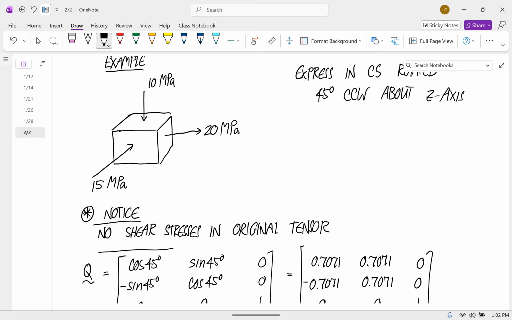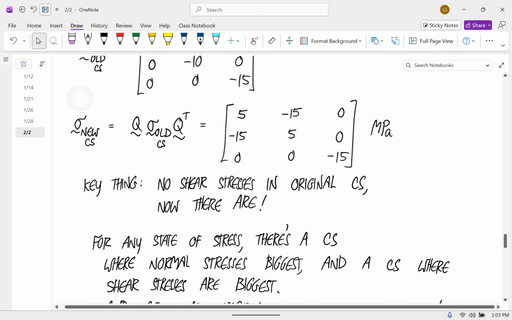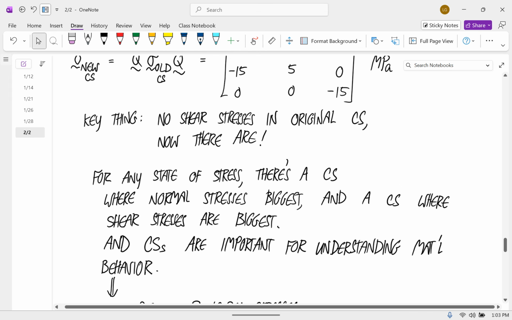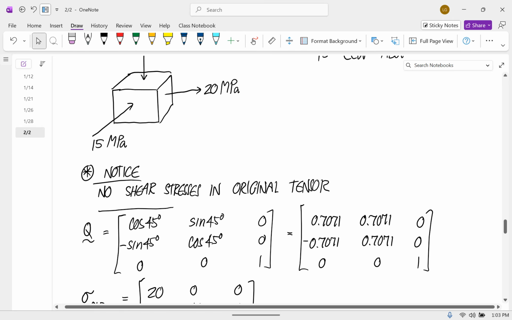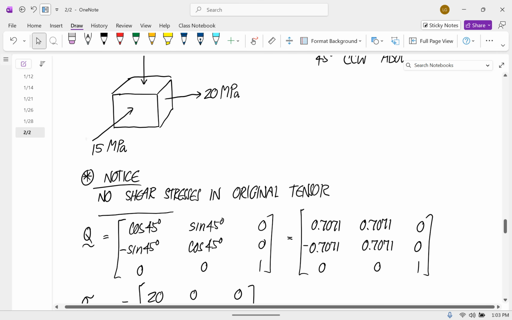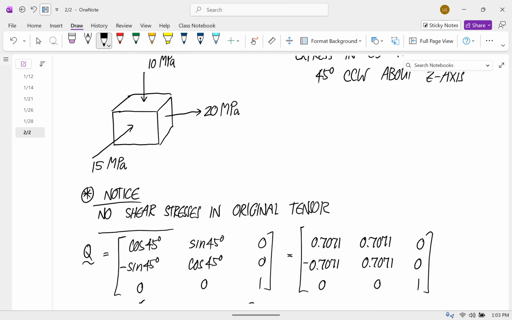I identified the middle, no, I didn't. Oh, well, what I said here is wrong. But what if I had identified the middle of these three normal stresses?